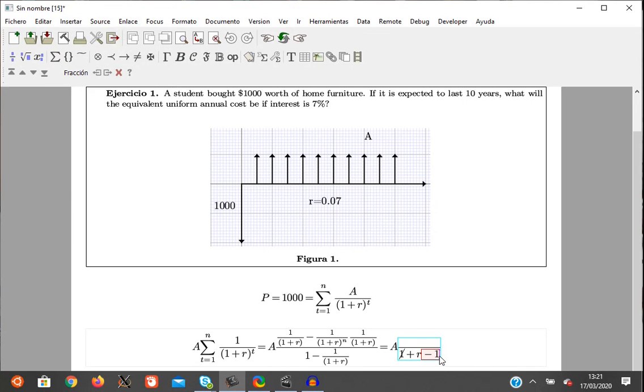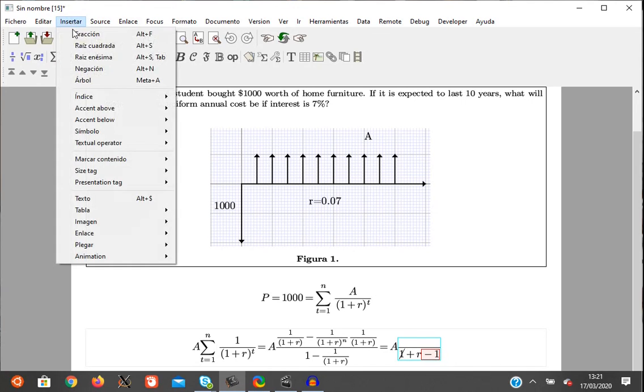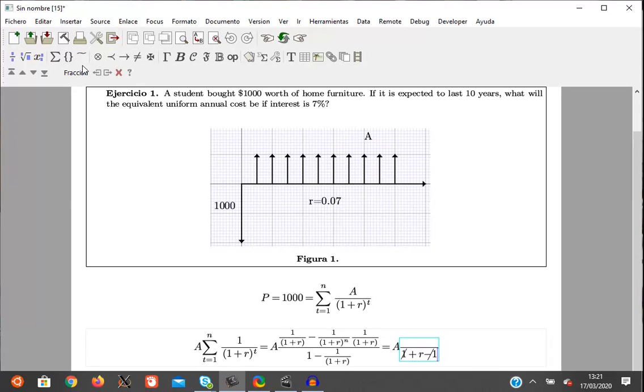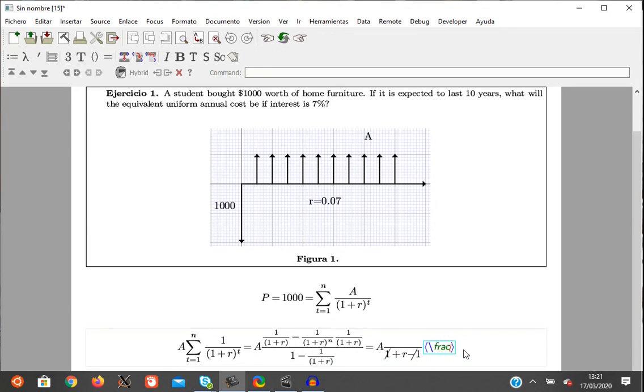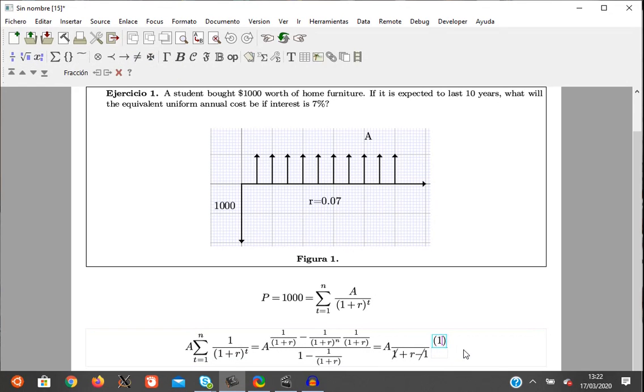What if we now take out this common term of 1 plus r in the upper part of the expression? We get this. Okay, and then what we have here is 1 over 1 plus r up to n. Okay, perfect.